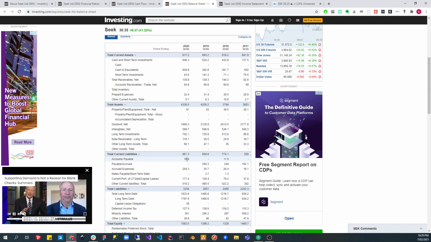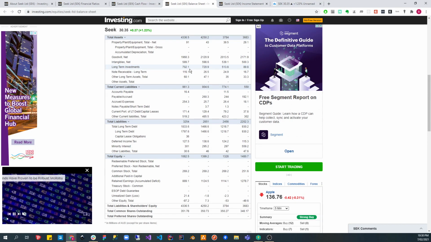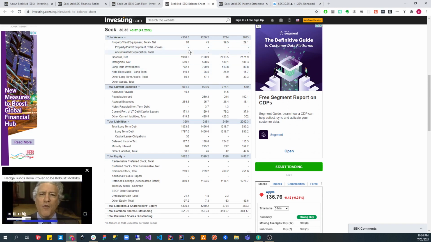I'm not sure why they didn't calculate it here, but it just shows that they don't have enough cash to last even a year. But you've got to put that into perspective. A lot of tech companies are always looking for investors and stuff like that. But the ones that have got a footing in the market can grow quite rapidly.